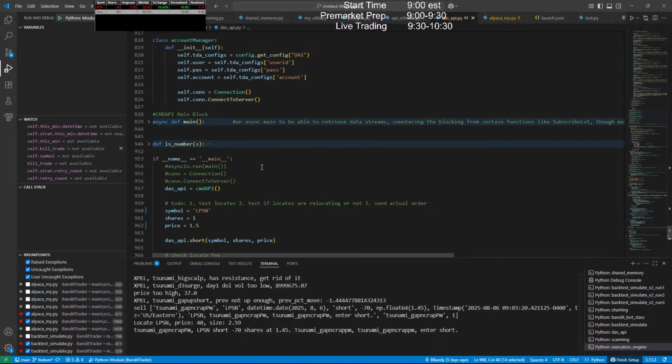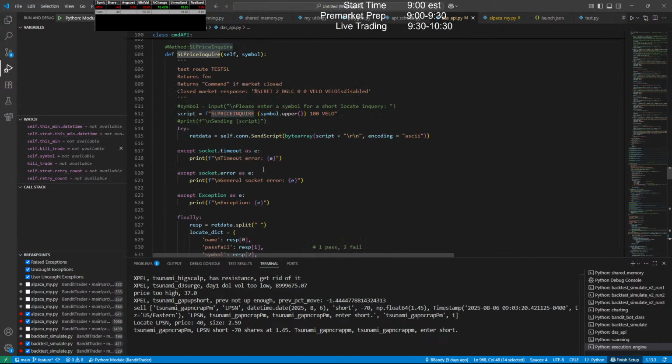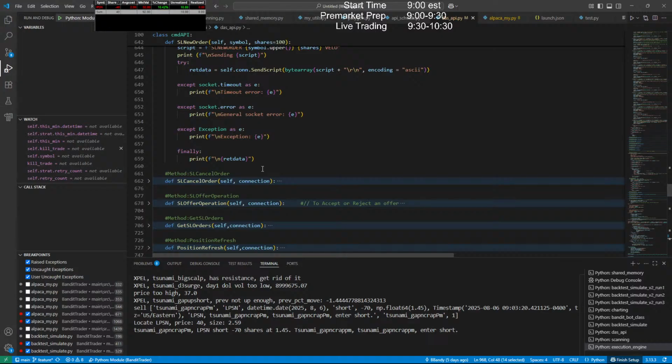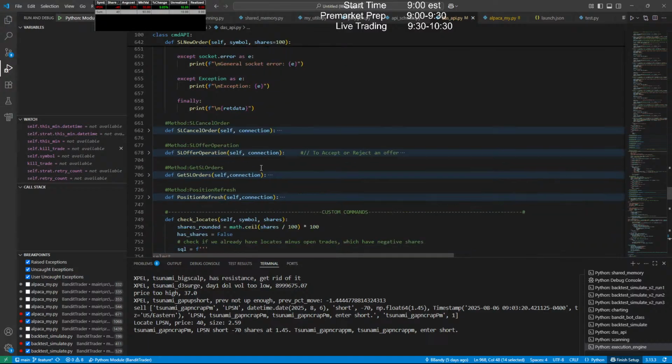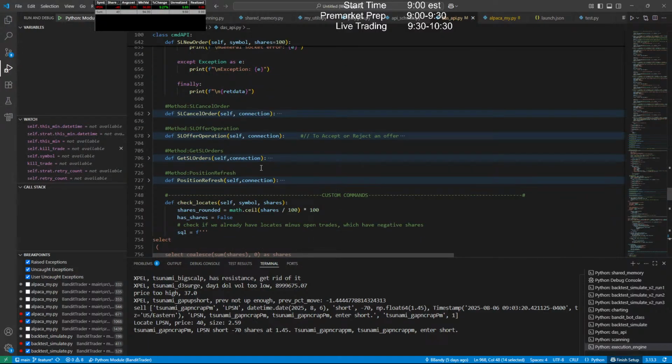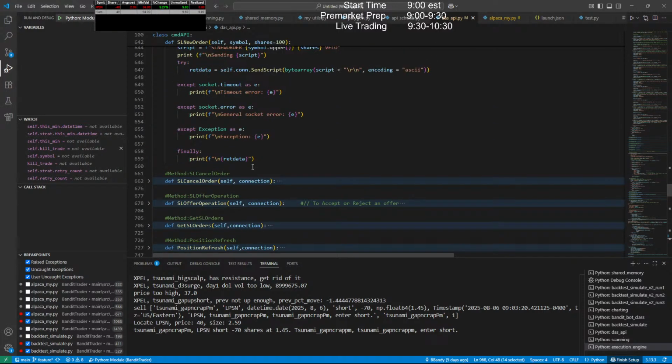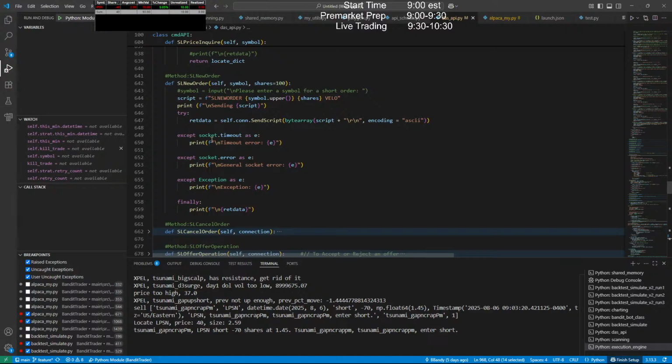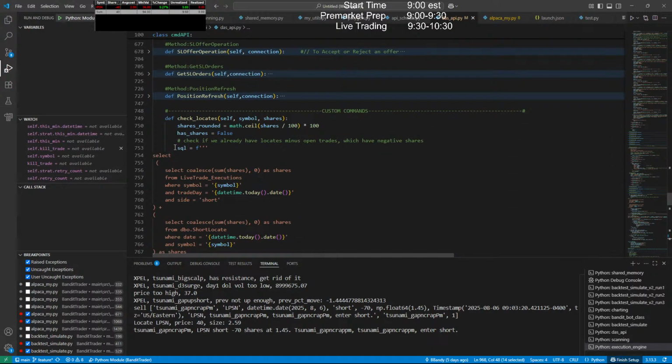So I need to see, when we do the locate, what the price returns from the algo.